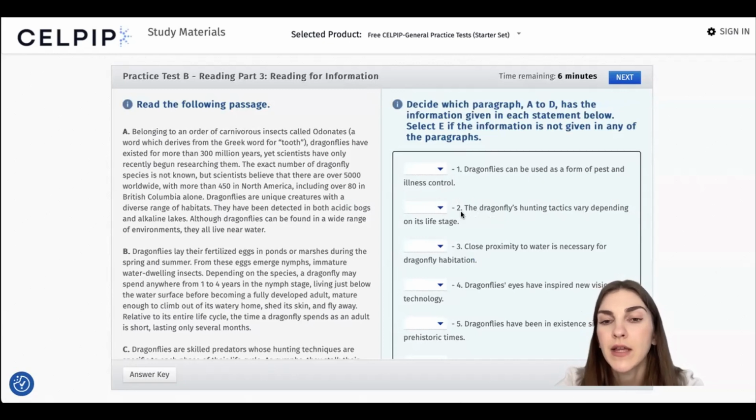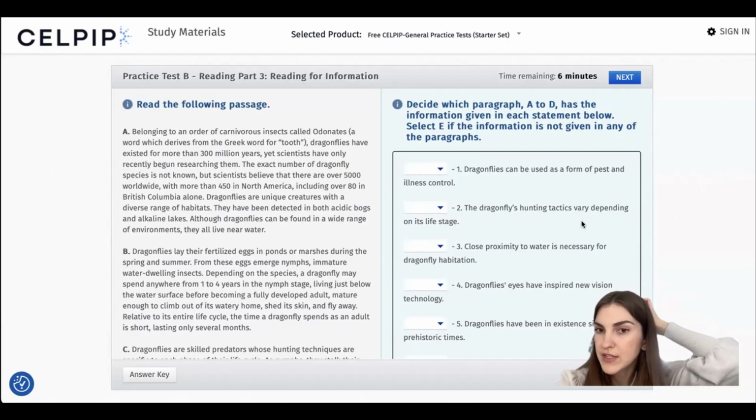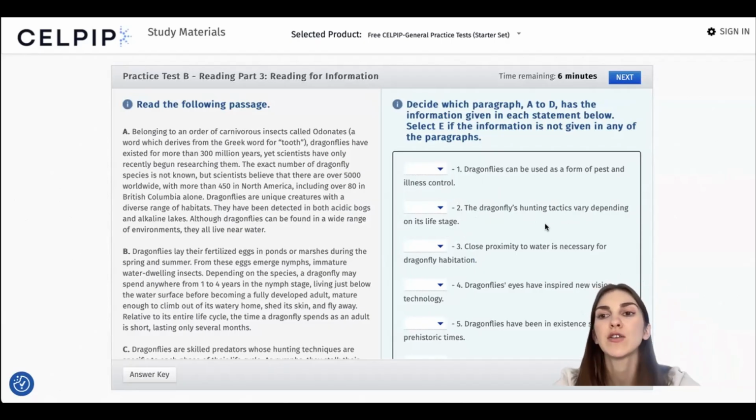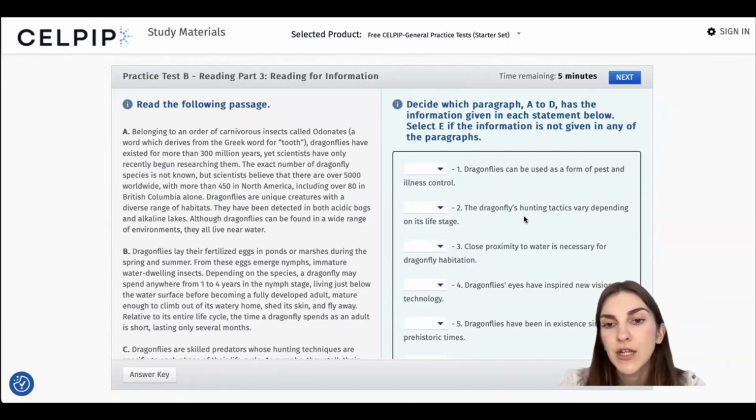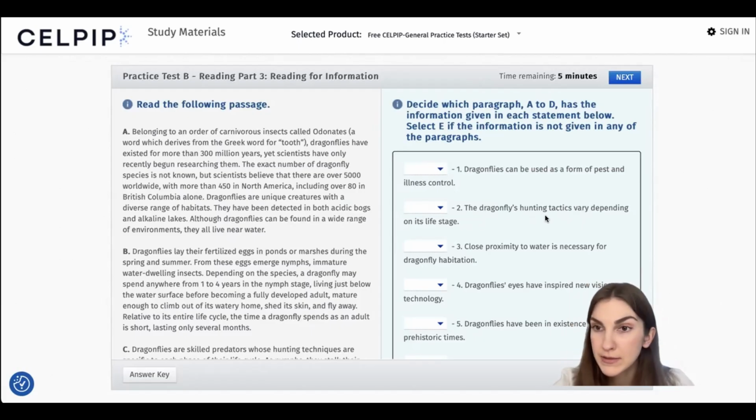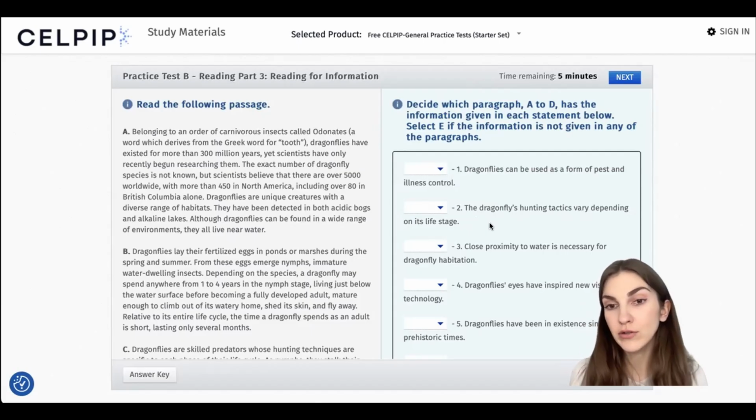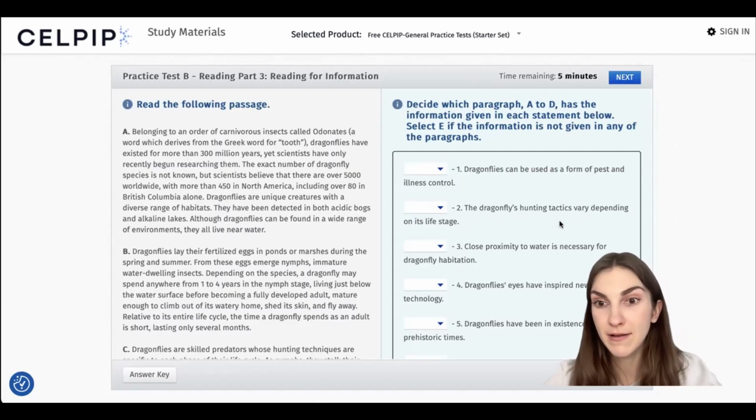Then the second: the dragonfly's hunting tactics vary depending on its life stage. It's very diversified, so various, different depending on its life stage. A baby dragonfly hunts in a different way, young and old dragonflies hunt differently.